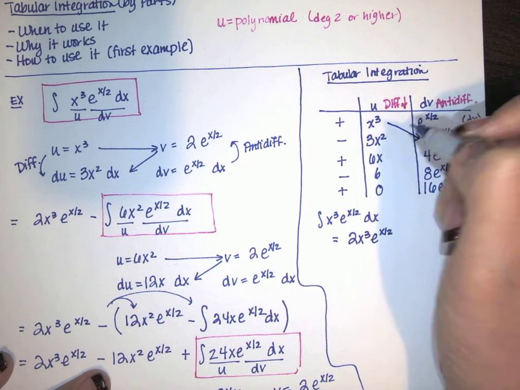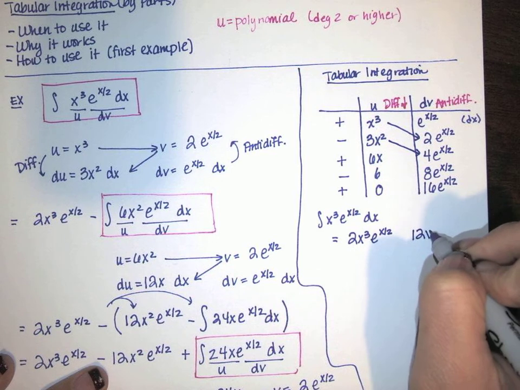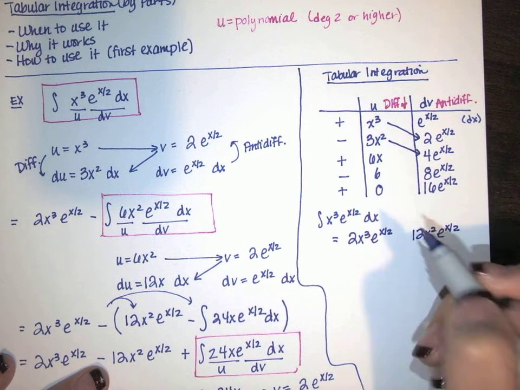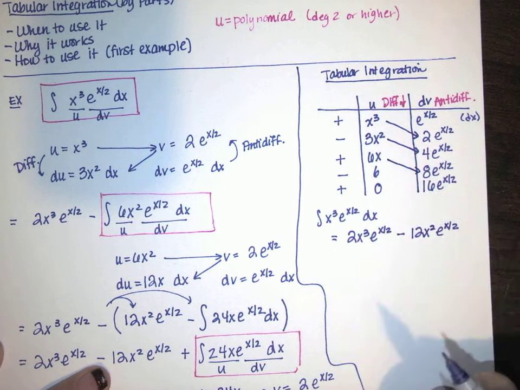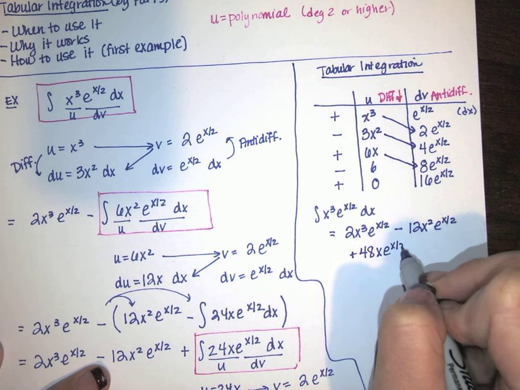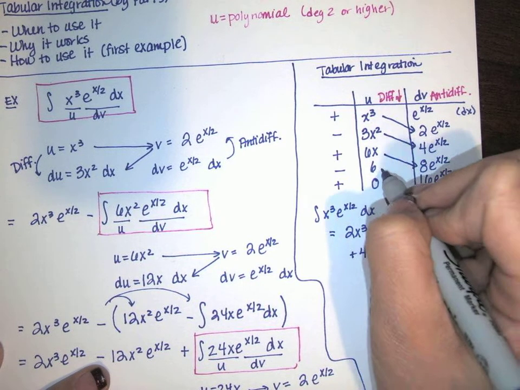And then multiply across this diagonal. So you've got 12x squared e to the x over 2. Then multiply by -1 and add. Then multiply across this diagonal. And multiply by +1 and add.